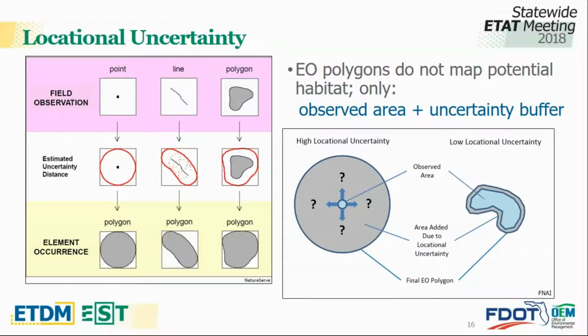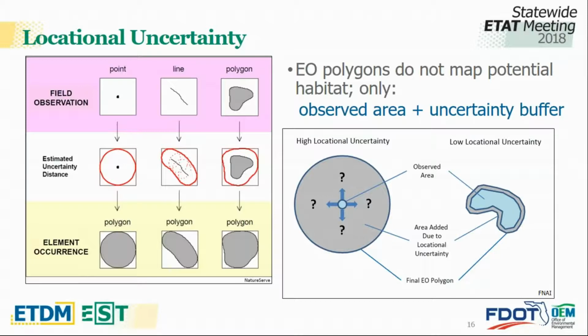Recall that an element occurrence is documentation of an occurrence, either current or past. However, the origin of some of this data may be more reliable or precise than others. For example, some of this may have been data from museum records or personal journals of naturalists, which could have a high uncertainty or unlikelihood of being accurate, while others may be more accurate geolocation data points taken with a GPS.